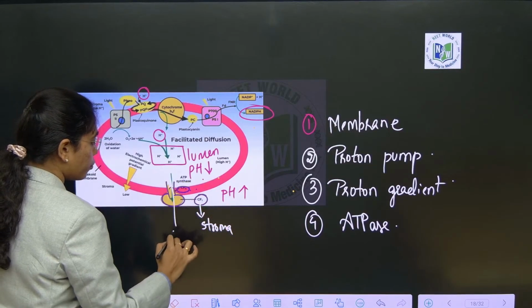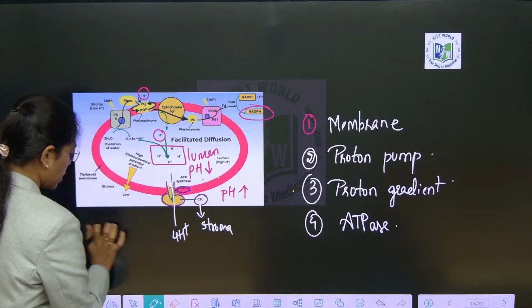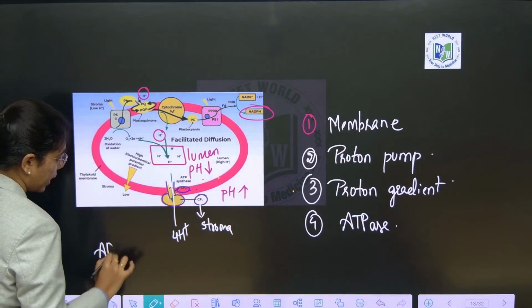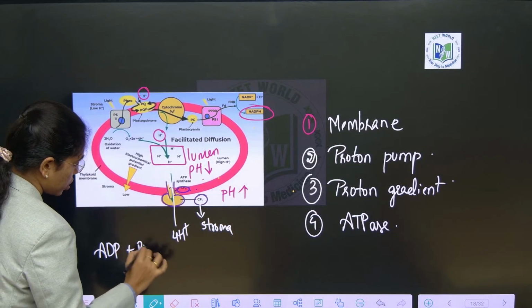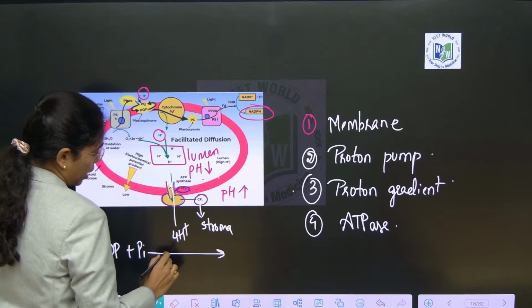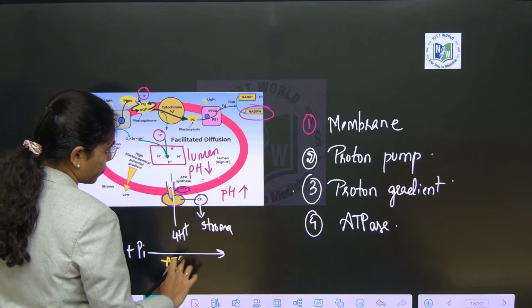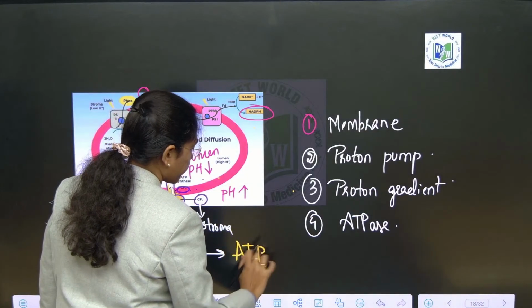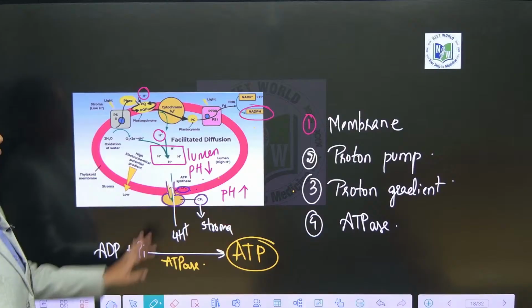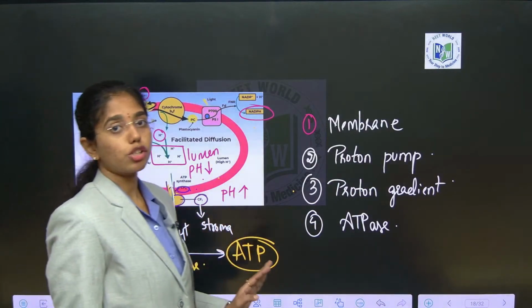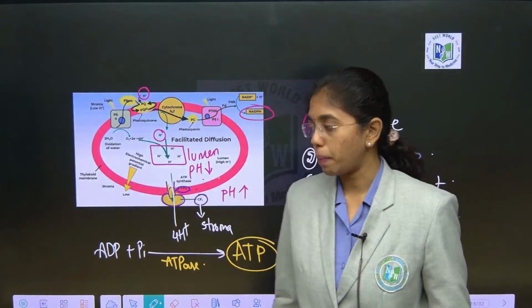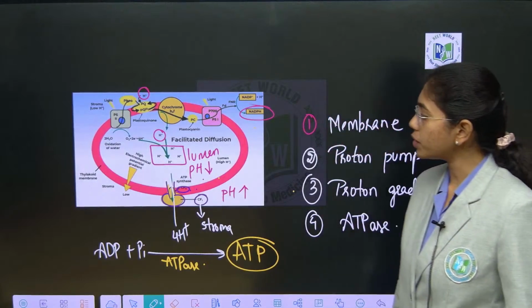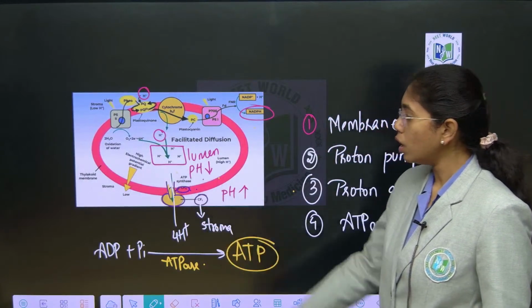In one run, 4 protons are being released, and inside stroma, ADP and inorganic phosphate, by the enzyme ATPase, ATP is being formed. Fine, right? And this F0 F1 pump is also known as ATP synthase pump. It is from which direction to which direction? From lumen to the stroma.